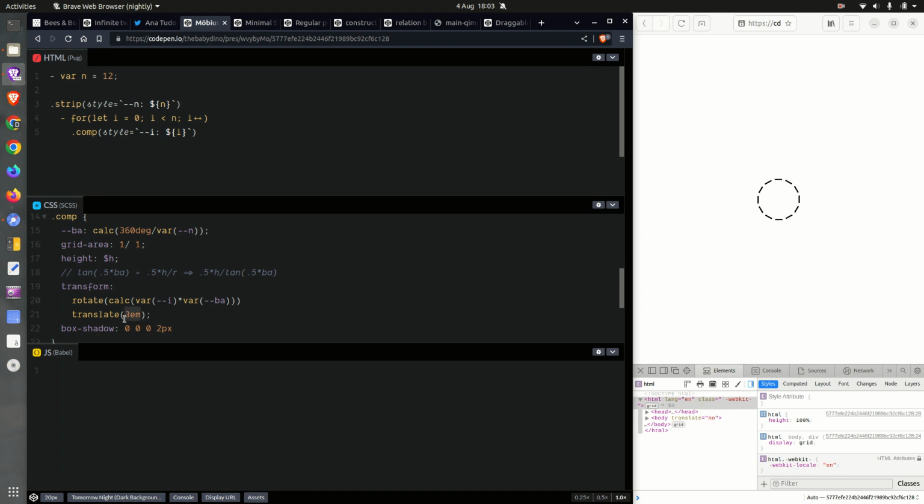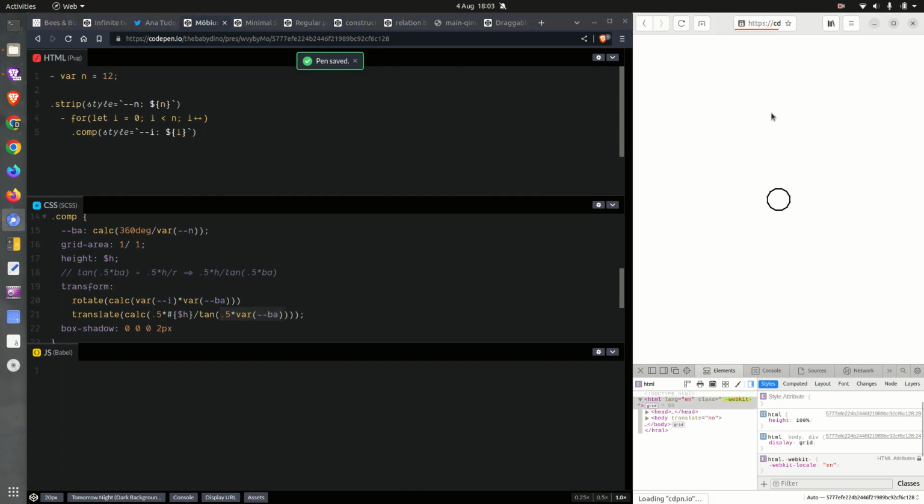So that's what we'll have right here. So it's going to be calc, half the component height over the tangent of half the base angle. And note that we don't need a calc inside the tangent function. We can just have the multiplication as it is, right?